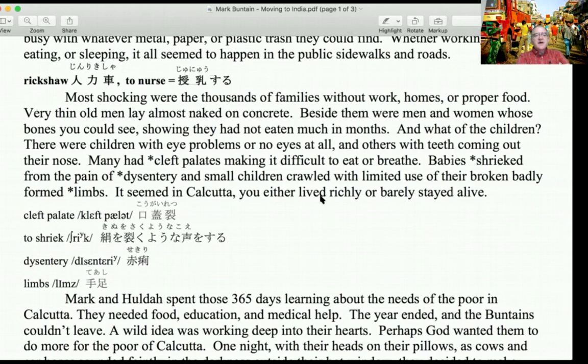Many had cleft palates, making it difficult to eat or breathe. Babies shrieked from the pain of dysentery, and small children crawled with limited use of their broken, badly formed limbs. It seemed in Calcutta you either lived richly or barely stayed alive.